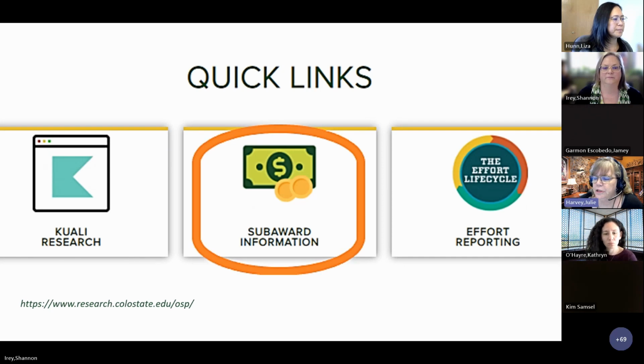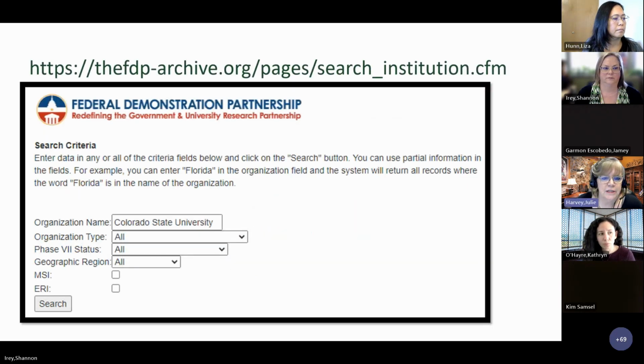There's also information about subaward invoicing, which Steve Crawford does, and about subaward closeout. There's also our contact information, the form for determining whether it's a subaward or a vendor. There's also a copy on that link of the proposal subrecipient commitment form and the PI request to initiate a subaward, and also the FDP clearinghouse. Is that the next slide?